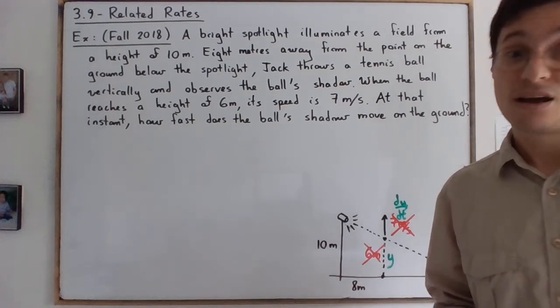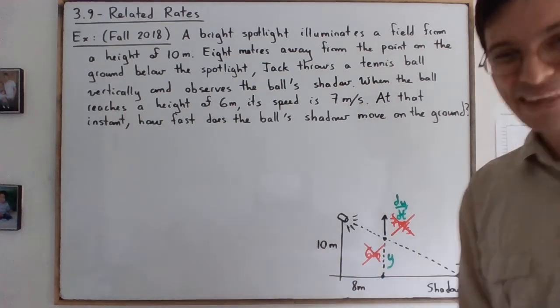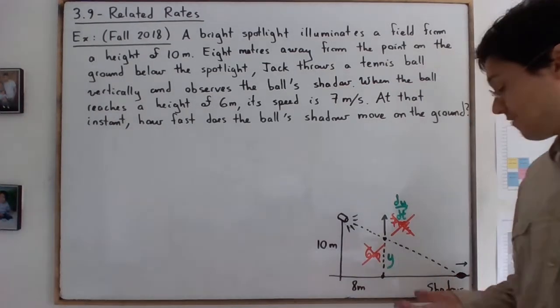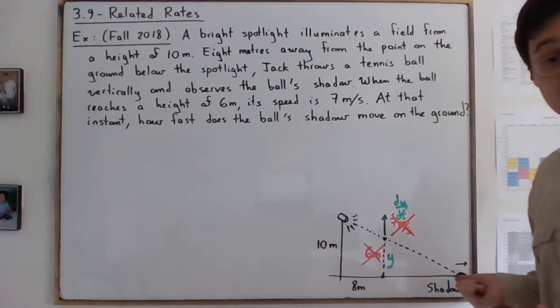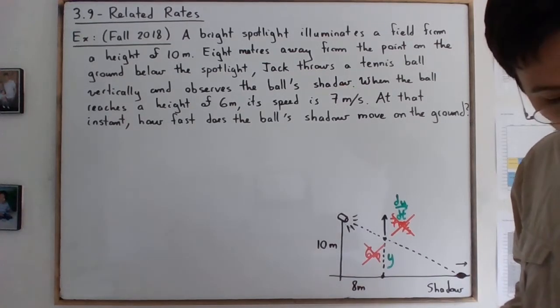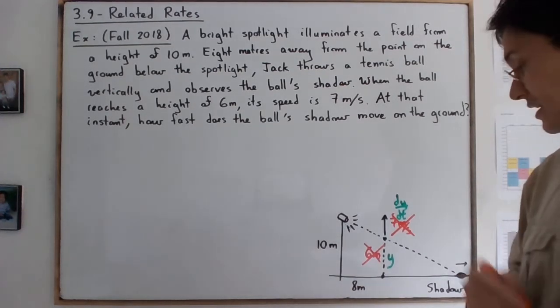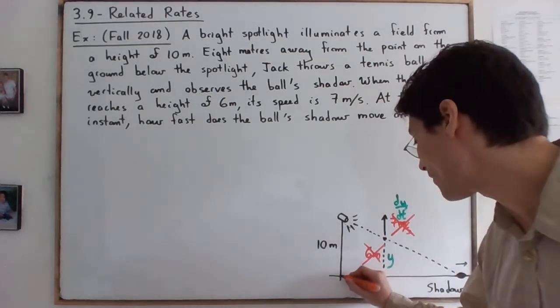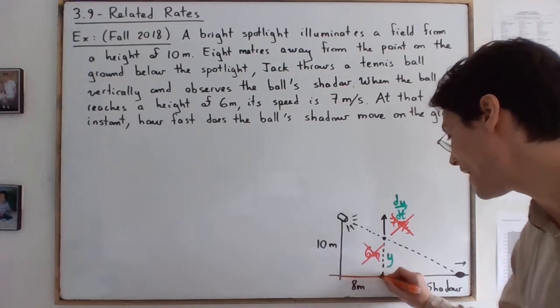Speaking of x, what is x? We need to create a variable that describes the position of the shadow. From what I see, the most convenient one would be, and I will color code it in orange, the entire length, including the 8.